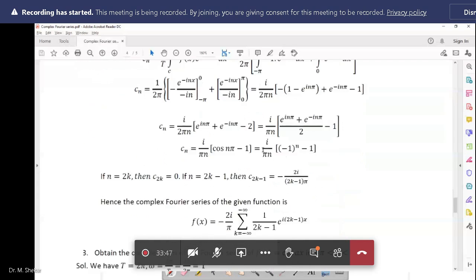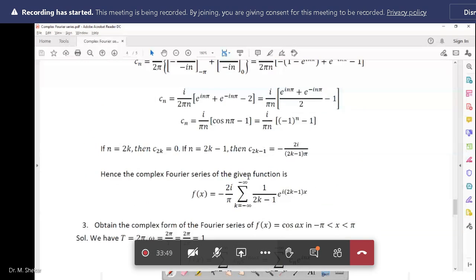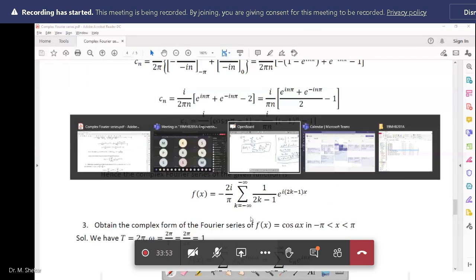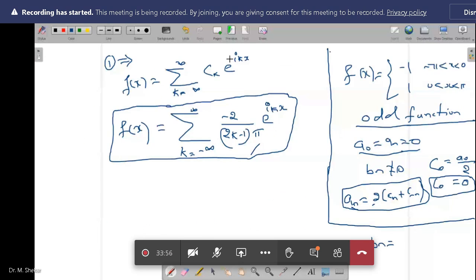Without noticing that, if you proceed, you'll get a wrong answer. So here, since I replaced n by 2k minus 1, this is not just a k, it should be 2k minus 1. So we have replaced n by 2k minus 1 into x.